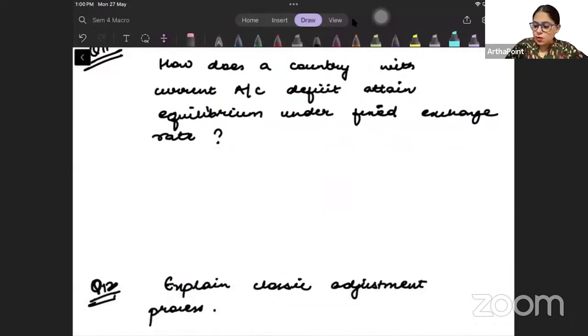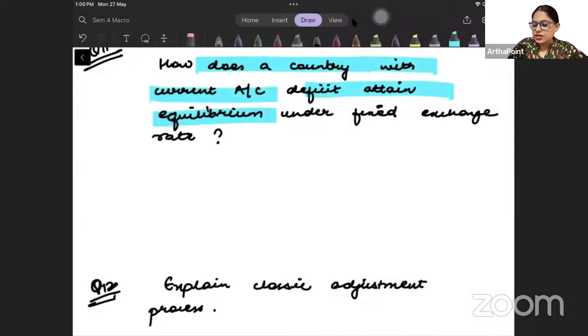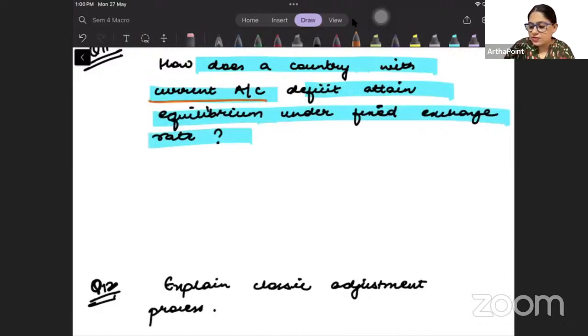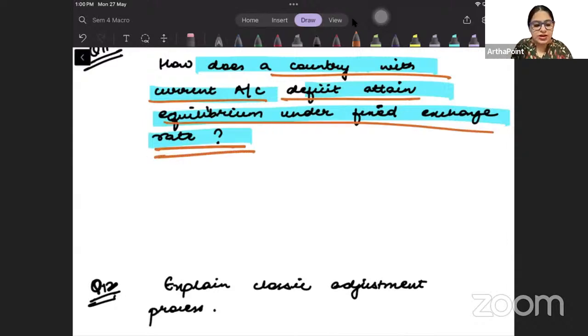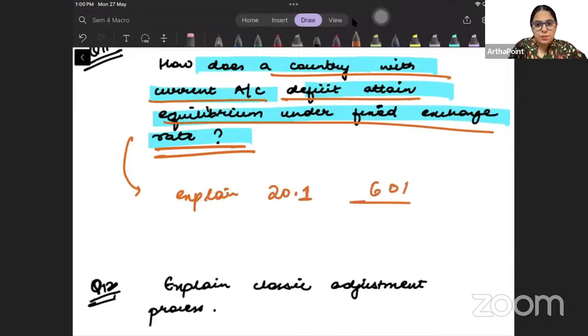So the first question: how does a country with a current account deficit attain equilibrium under a fixed exchange rate? Beta, in this, you need to explain figure 20.1, which is on page 601, right?